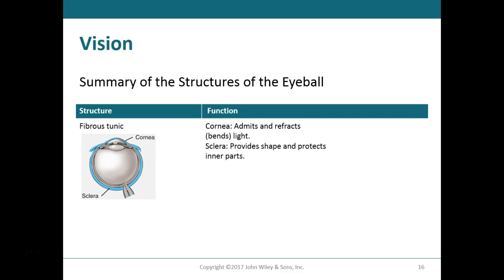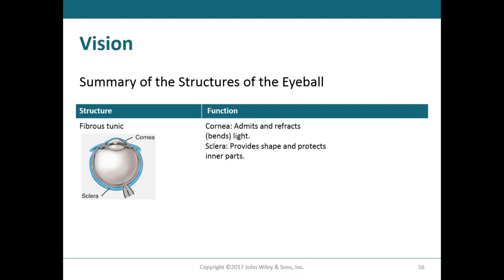About 75% of total refraction of light rays happens at the cornea, with the remaining about 25% of the focusing power and changes to focus happening because of the lens. That lens changing allows us to change the way that light rays come in if we are focusing on distant or near objects, and that's accommodation that we'll look at in just a moment.